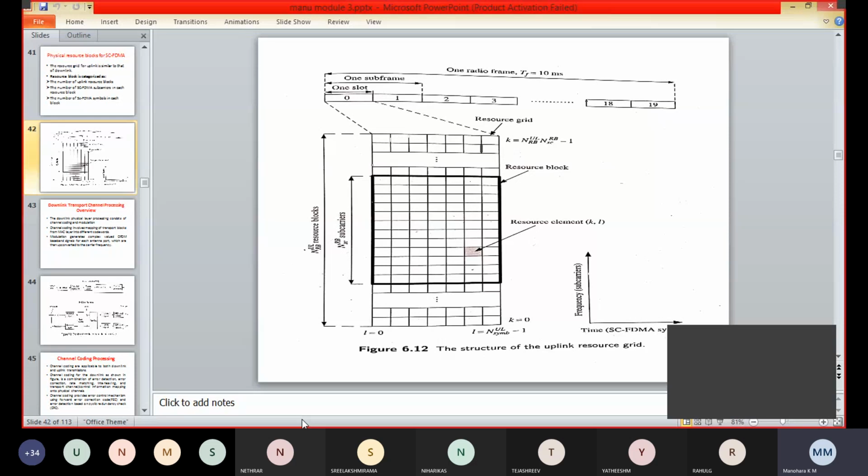Using the timing advance, the transport blocks of different user equipments are received synchronously at the eNodeB. SC-FDMA is able to support both localized and distributed resource allocation.